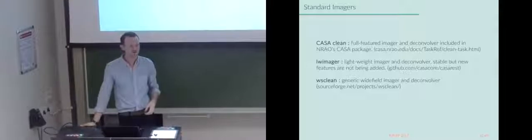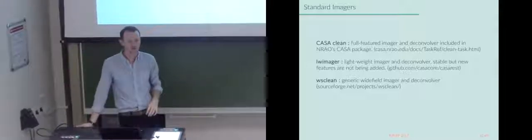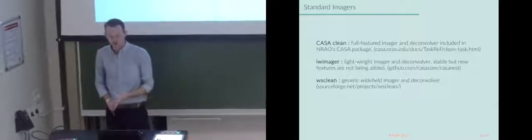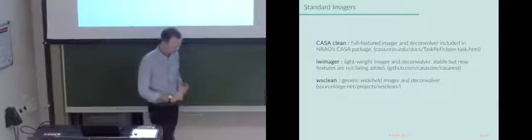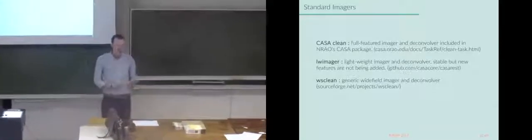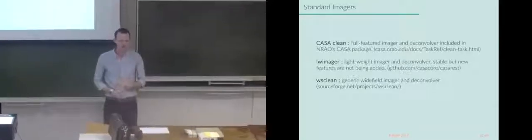And there's WSClean, which is a nice imager that if you want a standalone imager, I would recommend using. Usually what you'll see is that they're called imagers, but they'll typically have an imaging component and a deconvolution component.